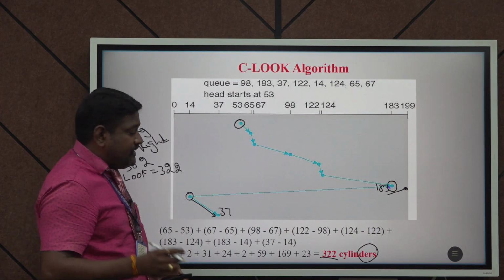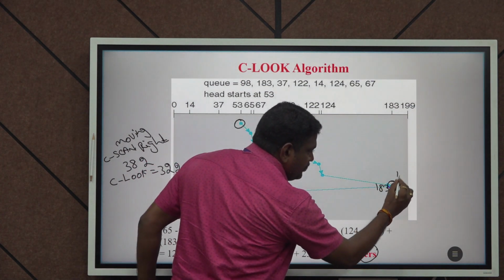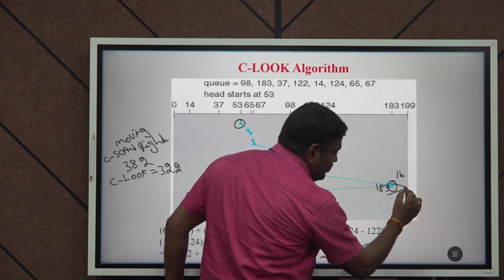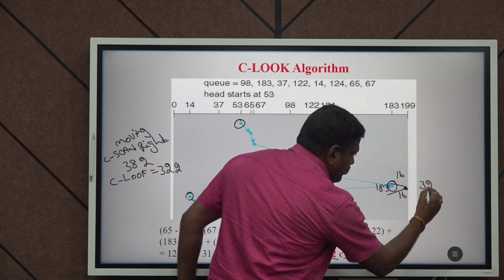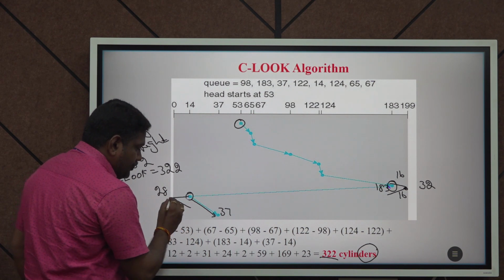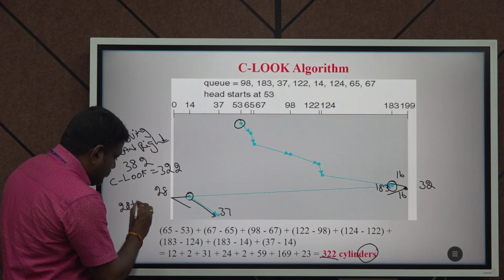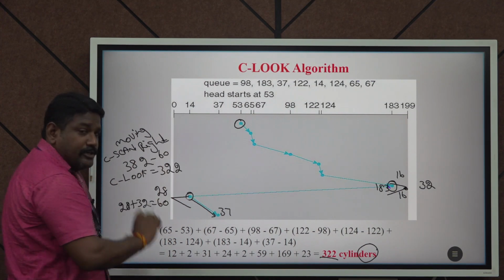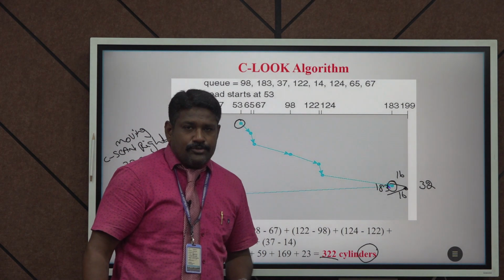If we take the differences, on the right hand side the difference value is 16 from 183 to 199, and 16 from 199 to 183, so 32. Likewise here there is a difference of 28, from 14 to 0 and 0 to 14. If we sum these values, 28 plus 32 is 60. So we subtract 60 from 382, that is from C-SCAN, and we get the total head movement value of 322 cylinders.